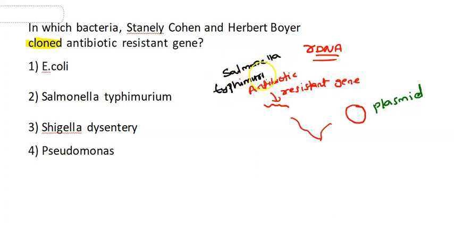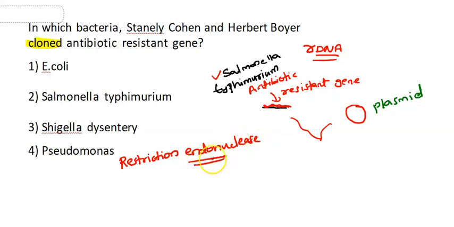For isolating this antibiotic resistance gene, which I just represented here using red ink, from Salmonella typhimurium, we are using an enzyme called restriction endonuclease. What is the name of the enzyme? Restriction endonuclease enzyme. You are getting many points from this question.